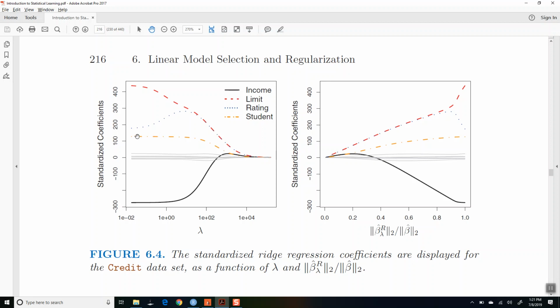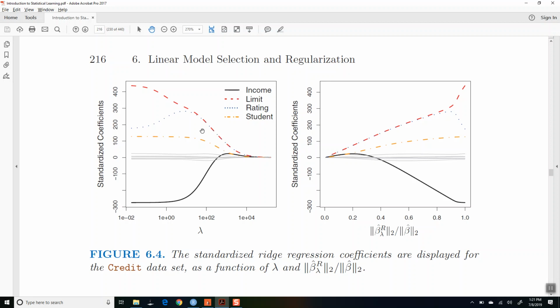But we get an interesting thing right here where the coefficient, okay, so again, this is something like the slope, actually grows for the rating. In general, it shrinks everything down. But ridge regression also has this other side effect where it doesn't want one variable to be huge and another variable to be small, okay?